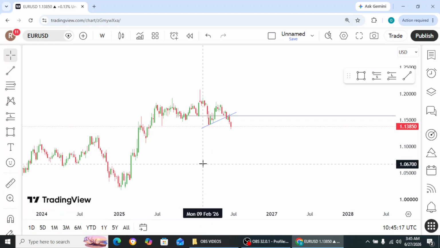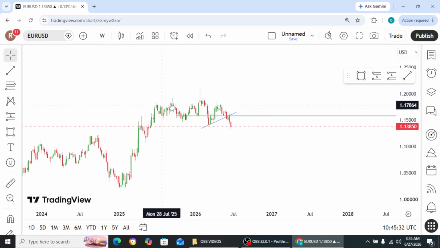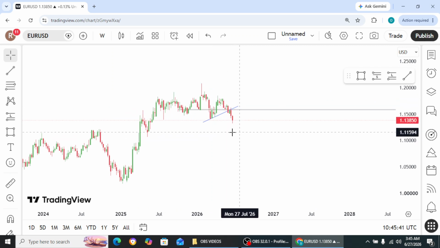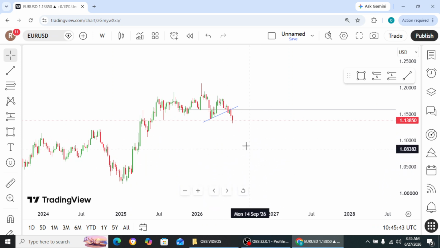Does it mean that you cannot buy all through this week? You can, but just look at the chart and look at the level of rejection. One, two, three, four. And the market is breaking the structure, giving you a selling bias.